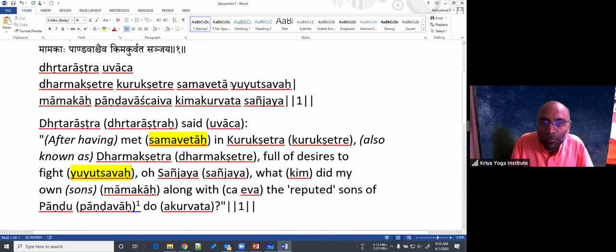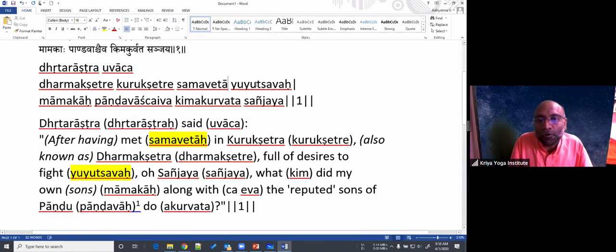There is a Sandhi rule that when you have a visarga here, and we'll discuss those Sandhi rules later, because we have a visarga here, it drops because it is followed by something else.